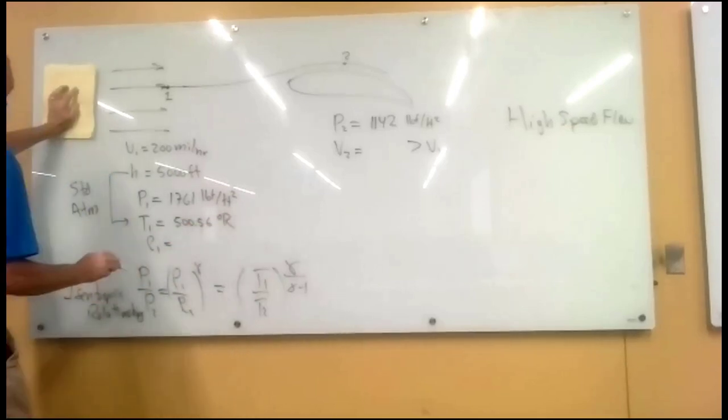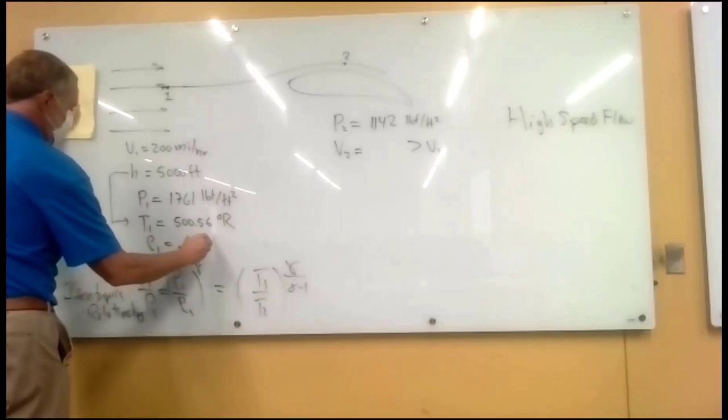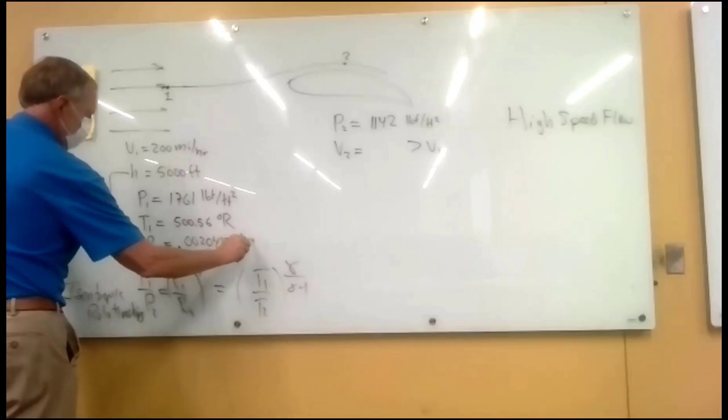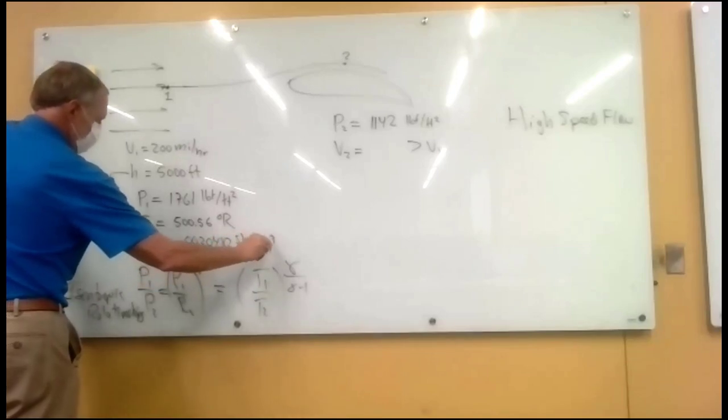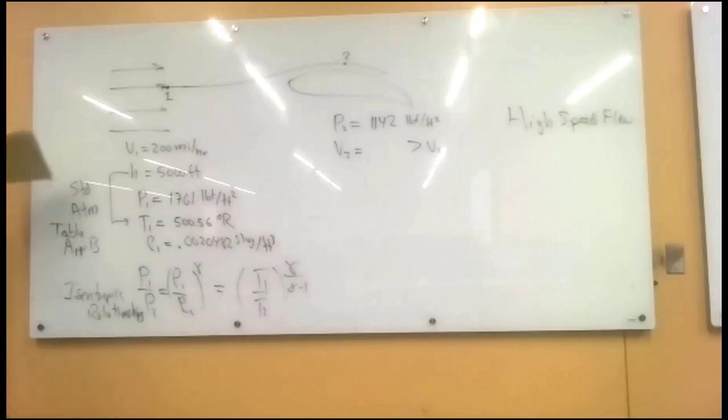There's the temperature, and here's the density. And where did I get this? Standard atmosphere table, appendix B, or a standard atmospheric table. So that's the data.